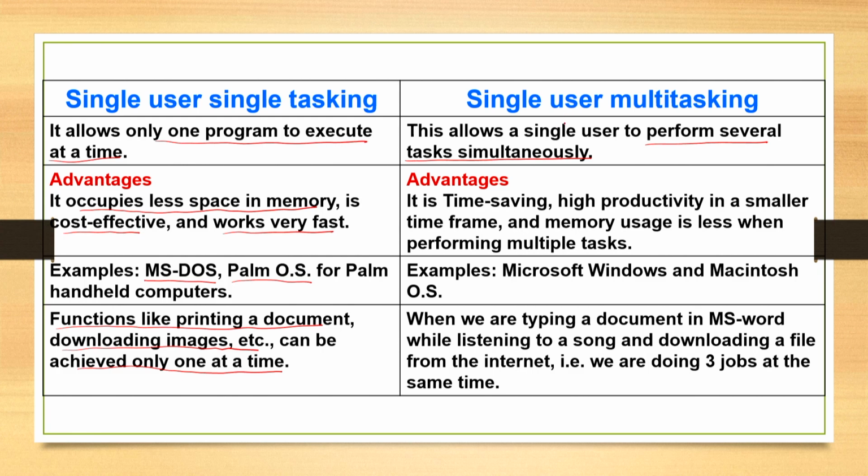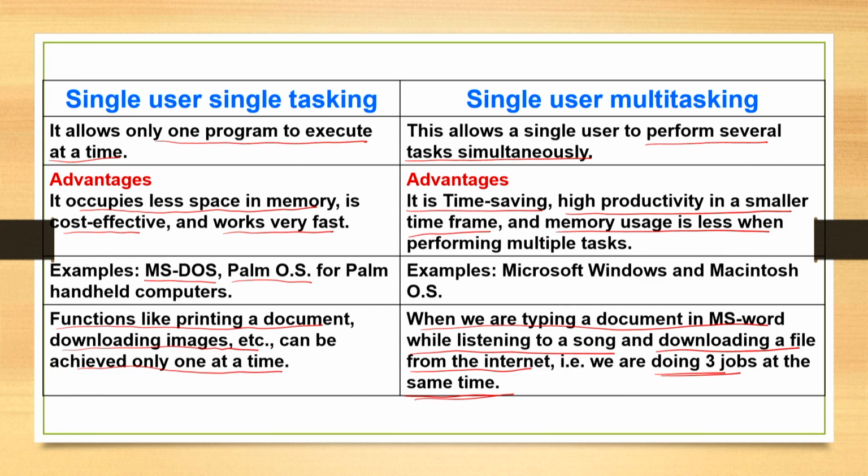But in the case of single user multitasking, you can type a document in MS Word while listening to a song and downloading a file from the internet. It means 3 jobs can be done at the same time by the single user. Because of that, it is time saving, gives high productivity in a smaller time frame, and memory usage is less when performing multiple tasks.